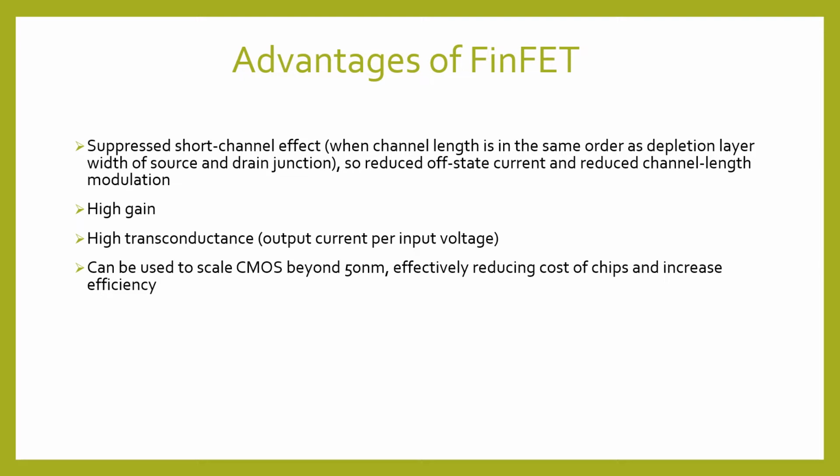But when it's not, we see that off-state current, which is the current present when the transistor is off, is increased, and also channel length modulation is increased. So those two features are highly undesirable, so we need to reduce them. To reduce those features, we need to suppress the short channel effect, and effectively we will reduce off-state current and channel length modulation.